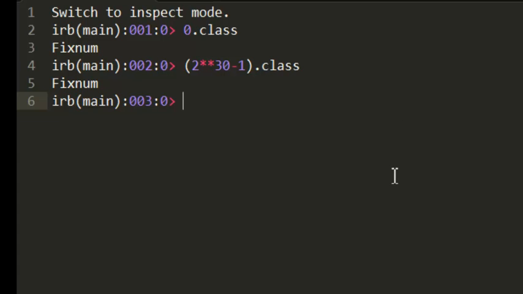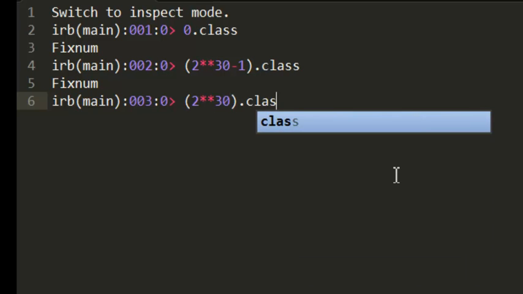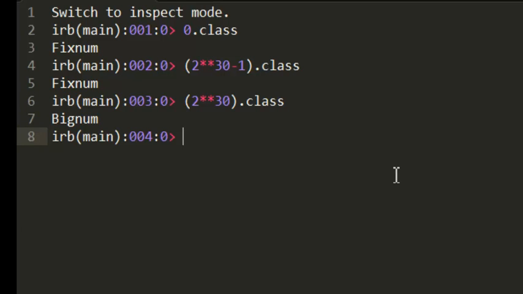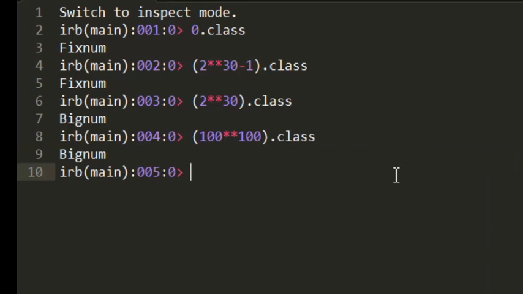On the other hand, we have 2 to the power of 30, and we can check for its class and it's Bignum, and similarly 100 to the power of 100, its class is also Bignum.